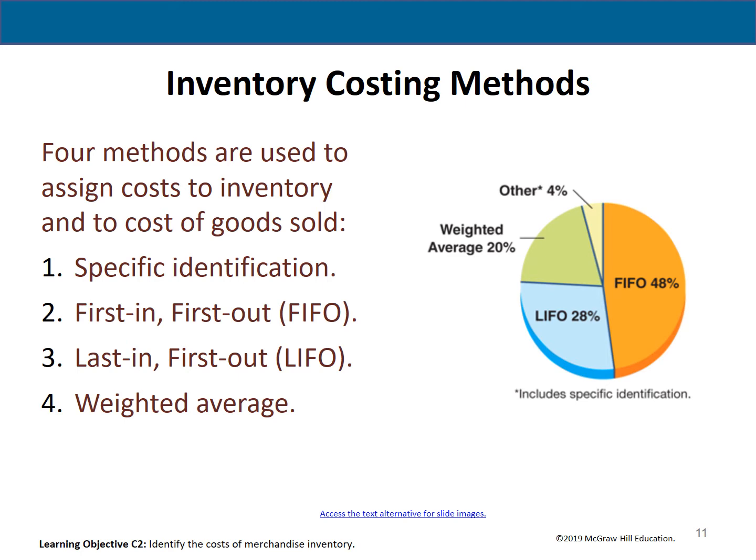You know, last in, first out. The last item we bought was just sold. That's another way of removing inventory, last in, first out. And somebody else will say, why don't we just average the three costs together and say that that piece of paper was the average cost? That's number 4. Now, number 1 says, you know which piece of paper you sold.